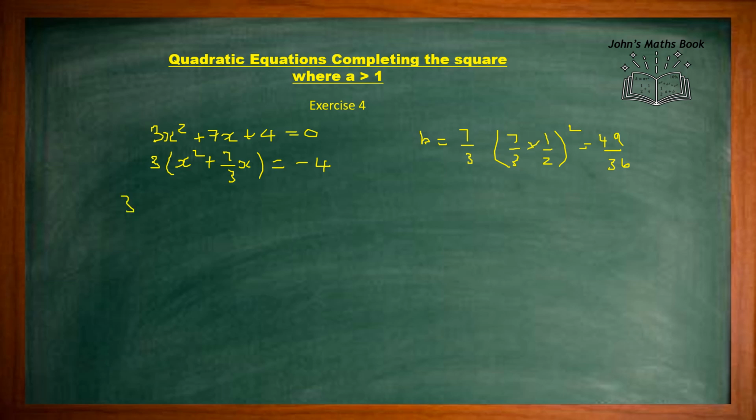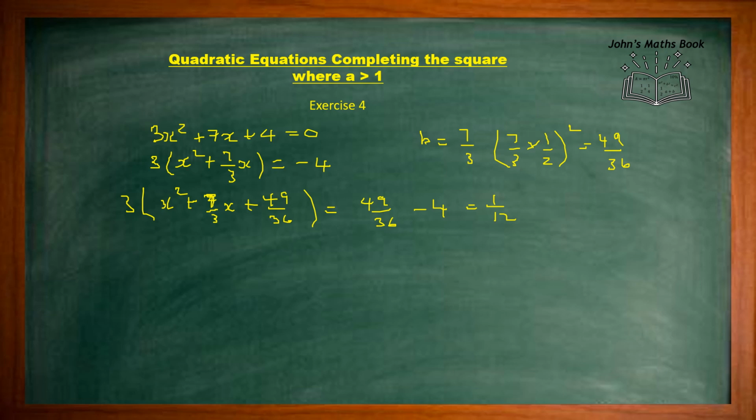So we get 3 into x squared plus 7 divided by 3 x plus 49 over 36 is equal to 49 over 36 minus 4, which is equal to minus 1/12. So now we can see that on the left-hand side within the bracket we have a perfect square trinomial.